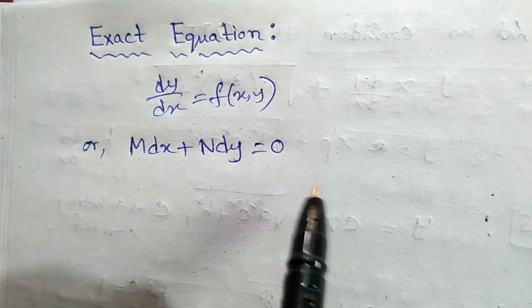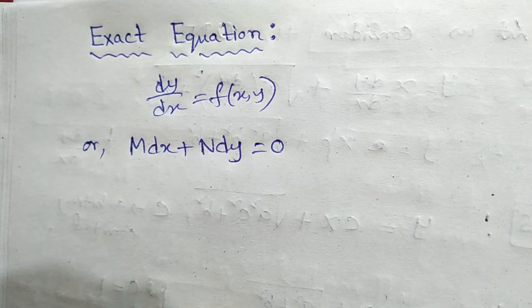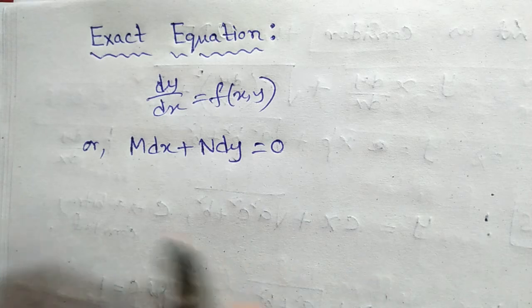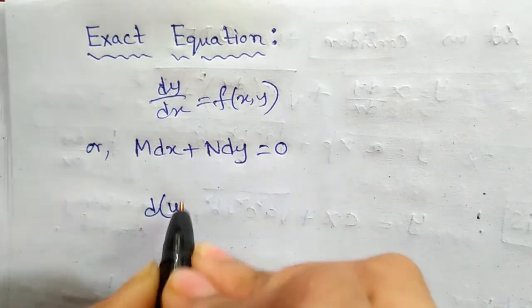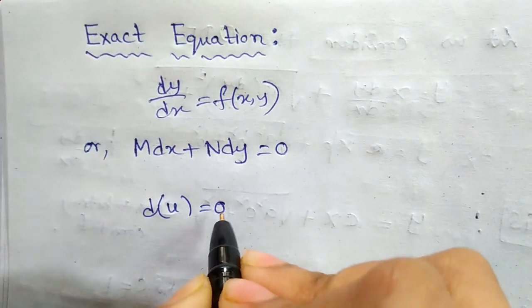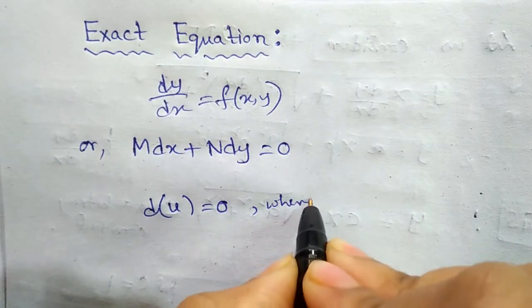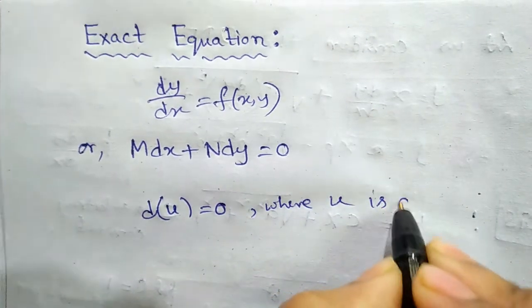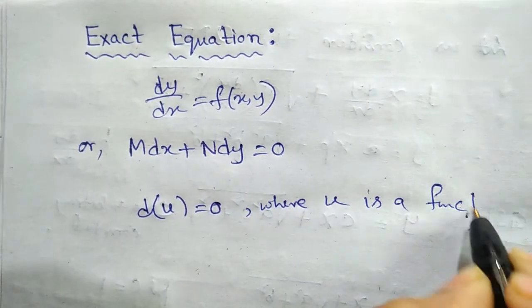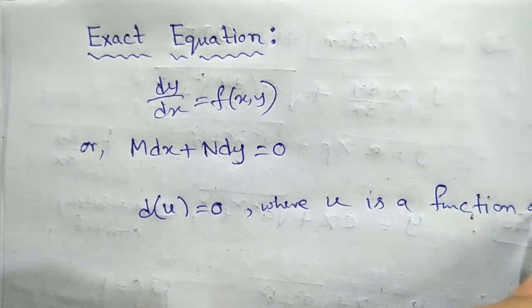Now this equation is said to be an exact differential equation if it can be written as du equal to 0, where u is a function of x,y.